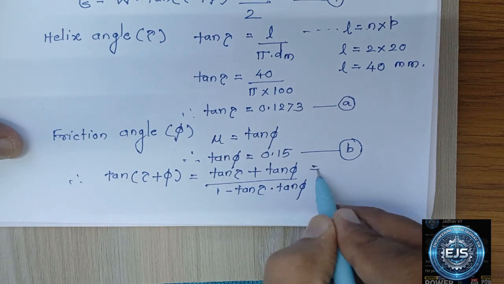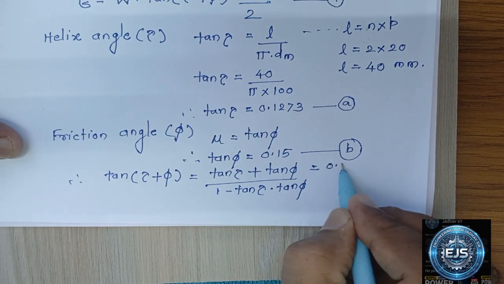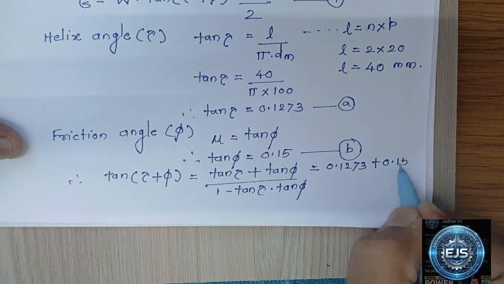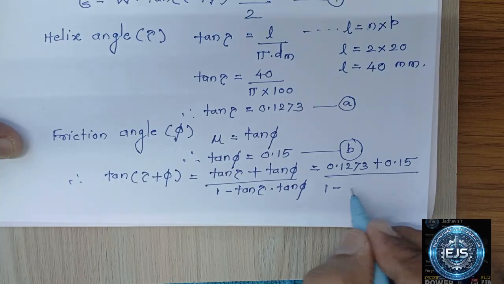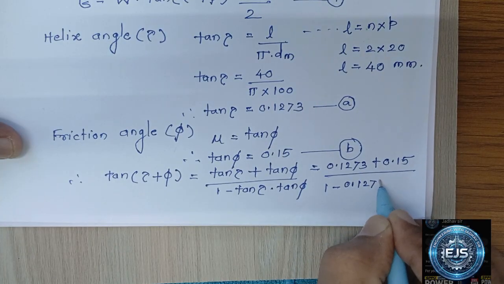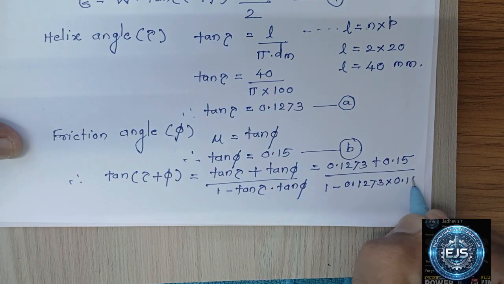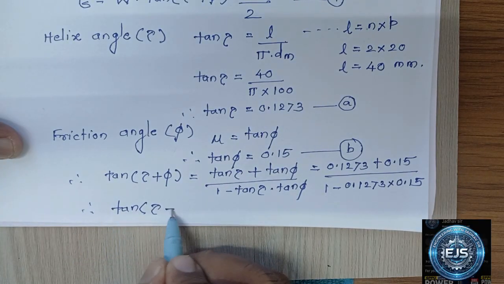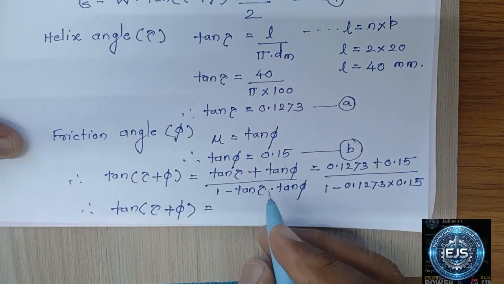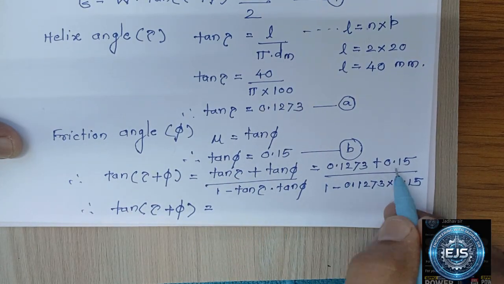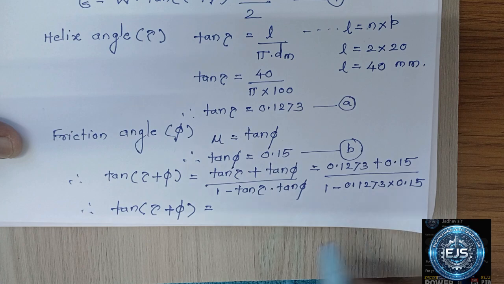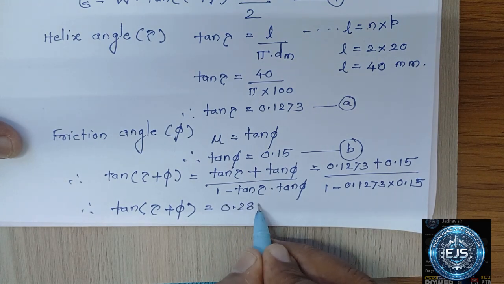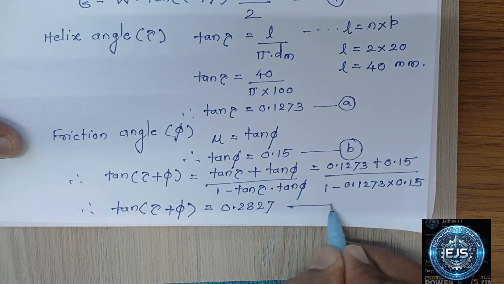Putting the values, tan lambda is 0.1273 plus tan phi value 0.15, divided by 1 minus 0.1273 multiplied by 0.15. After adding and dividing, we get the answer 0.2827. So tan of lambda plus phi is 0.2827.